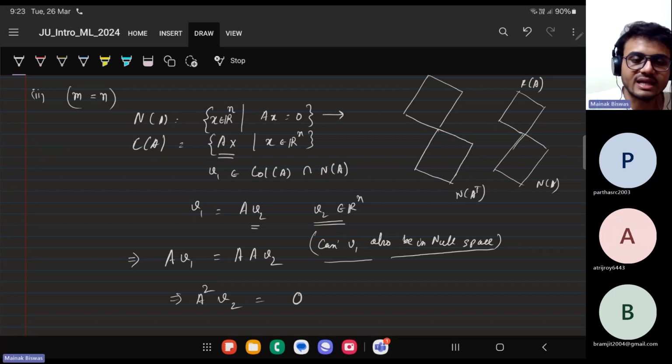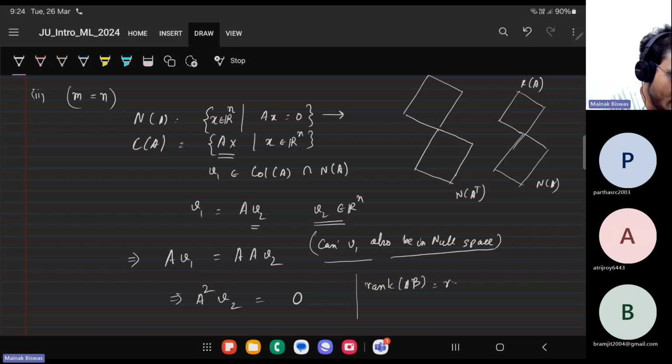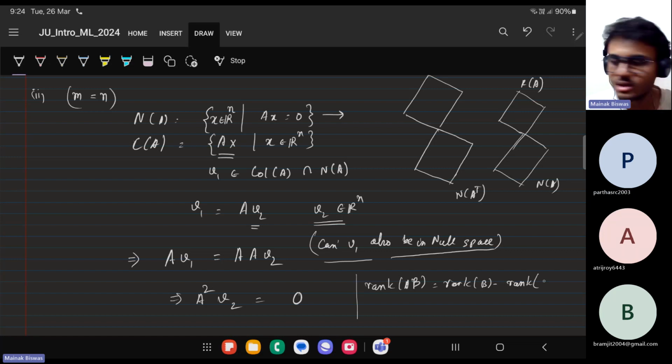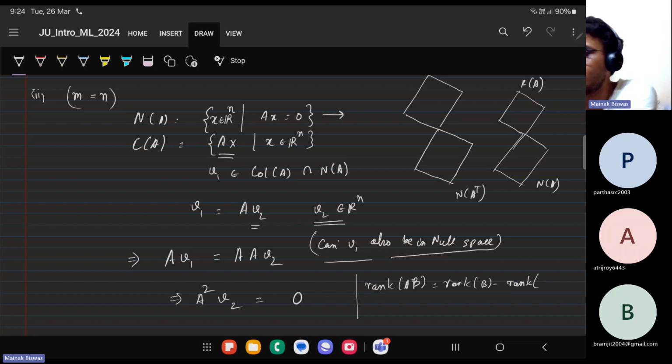Now if A is rank n, you can show that A squared is also rank n. We'll show that. So I showed that the rank of AB is equal to the rank of B minus the dimension of... what was the formula that I had given to you? Let me just check the formula.